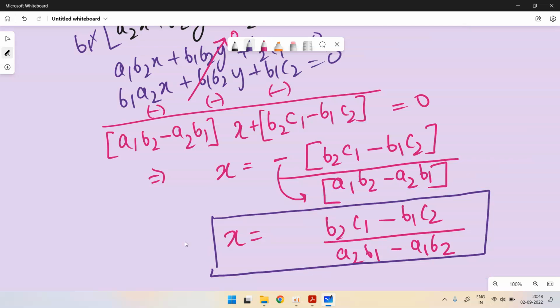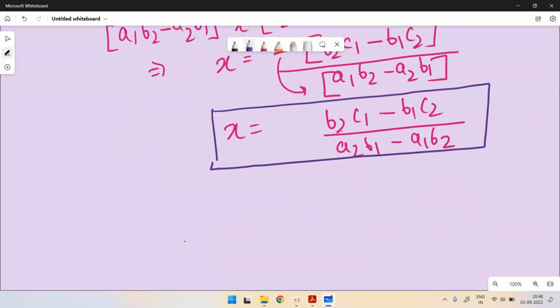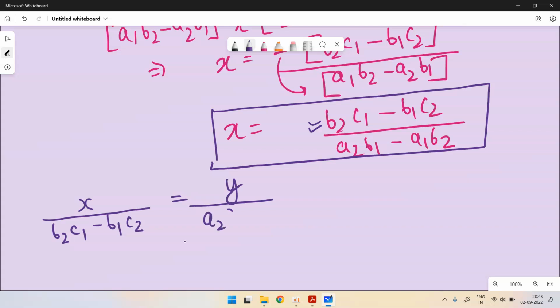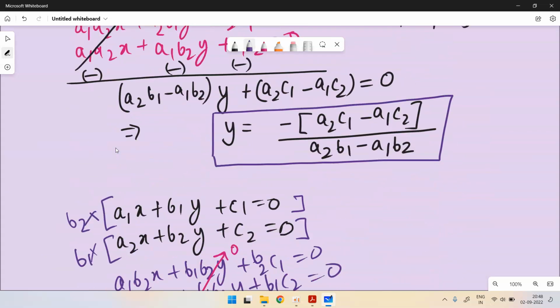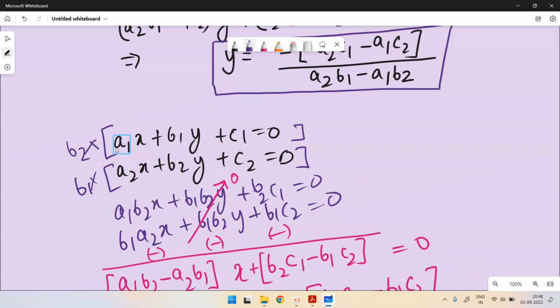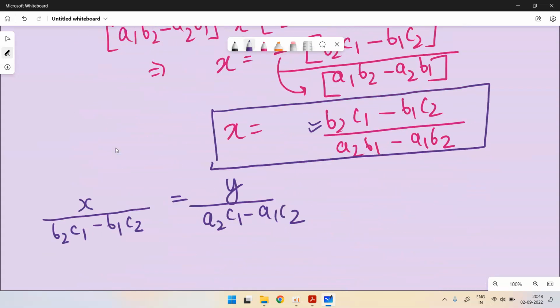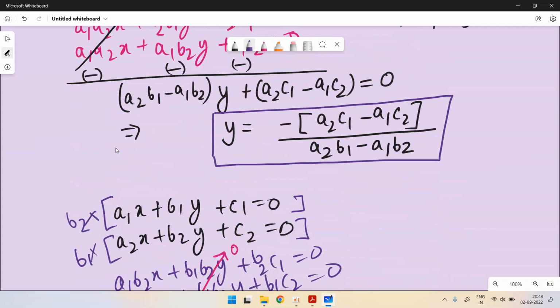Now if you rewrite this, first you need to write x by this factor, it is b2 c1 minus b1 c2 equals y by a2 c1 minus a1 c2. Am I right? I'm checking this. Yes, a2 c1 minus a1 c2 equals, a2 b1 minus a1 b2.